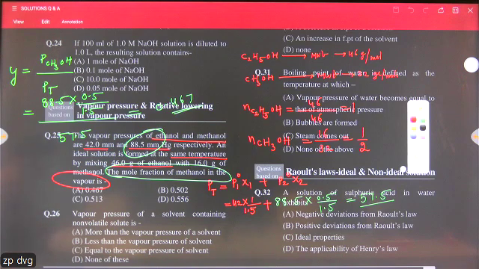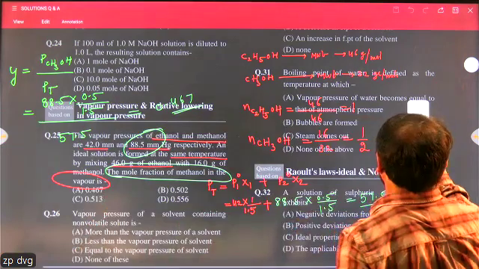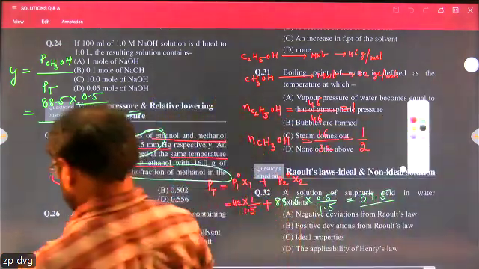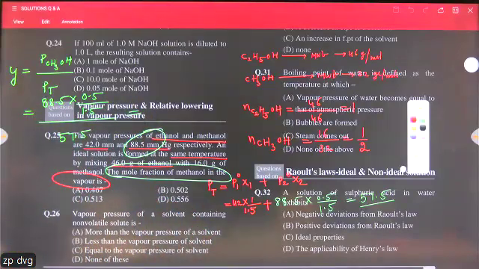Okay, just see this. After simplification of this, we are going to get this much value.